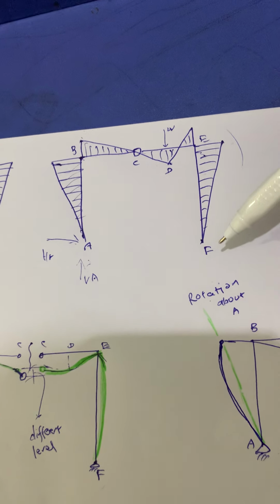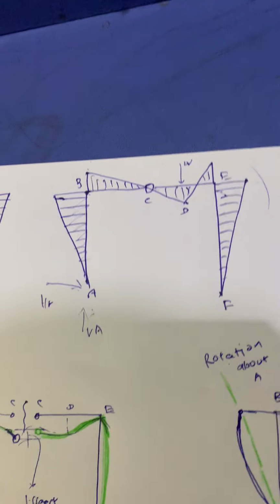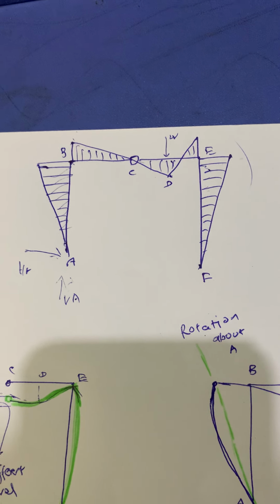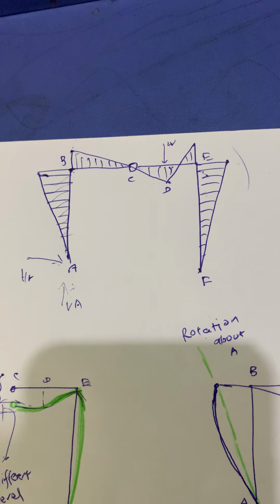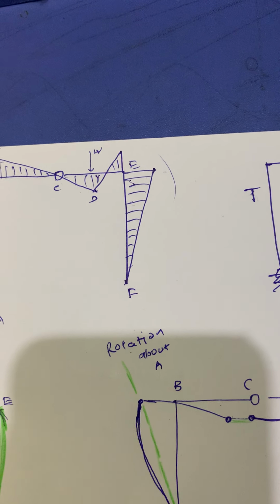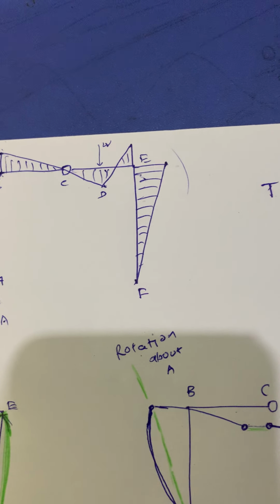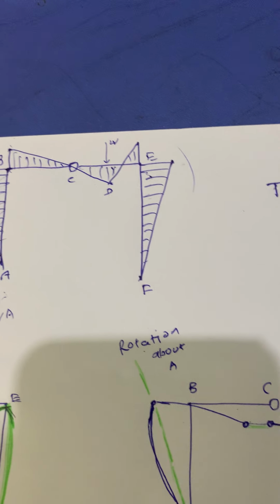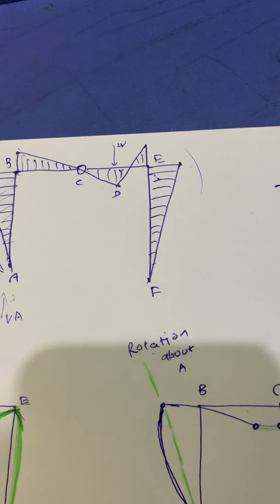The same thing we can take from the other direction also. Actually, VA begins to have a moment effect in the reverse direction as we move from B towards C until it reduces to 0 at hinge point C. The same reasoning may be applied to the right hand side portion of our frame from corner E to the load point D. At D, of course, the bending moments from the left and right must come to the same value.